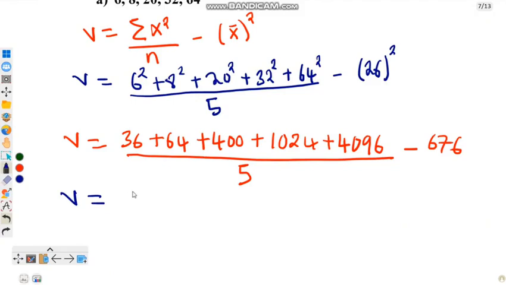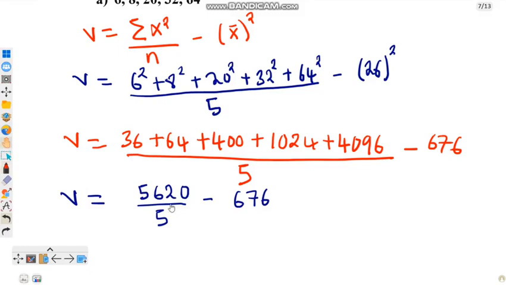When we add the numerators, we get 5620 divided by 5, then minus 676.